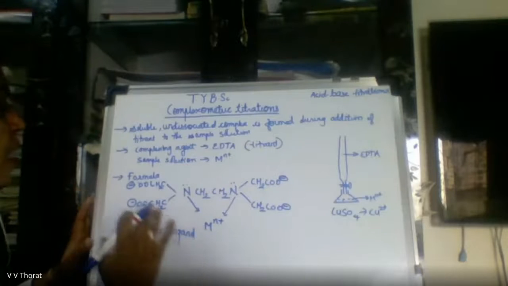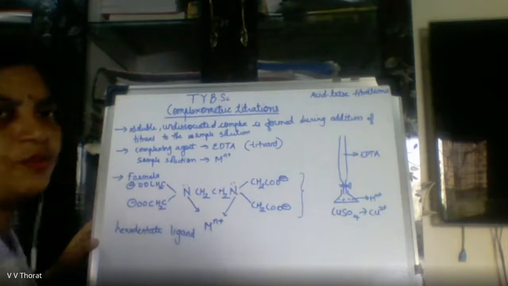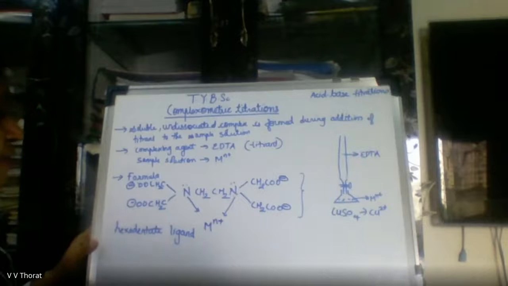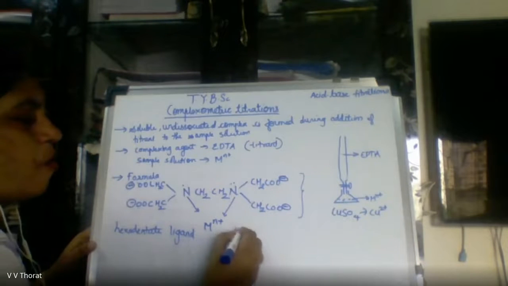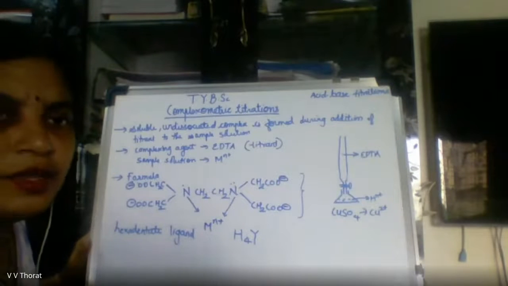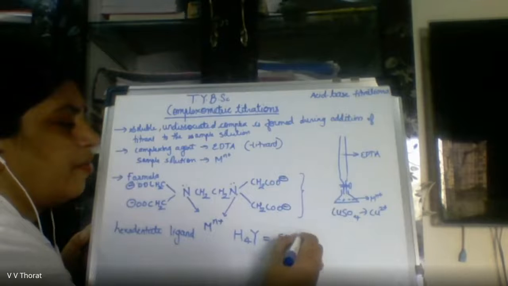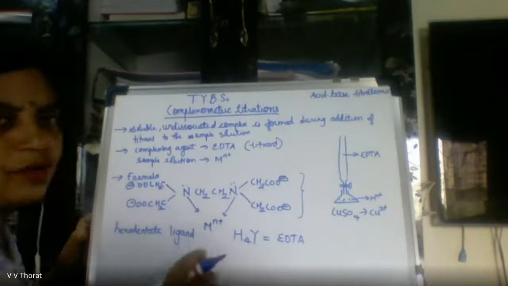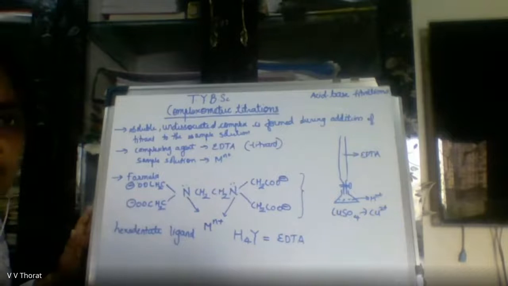Before that, see, every time in the reaction to write this big structure is very difficult. So what they have done, this full structure you can write in the form of H4Y. If I write H4Y, it means EDTA. It has four hydrogen atoms which can be dissociated. Clear?